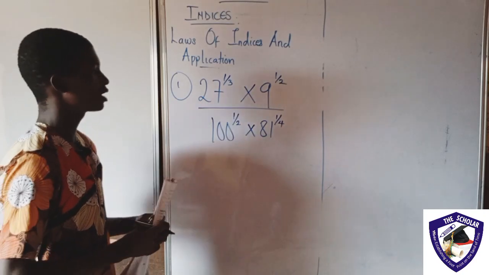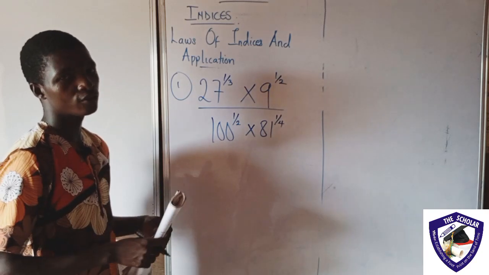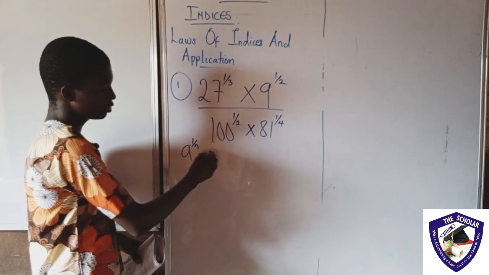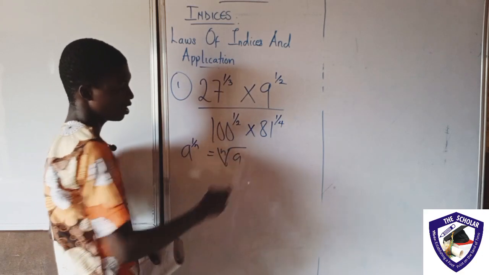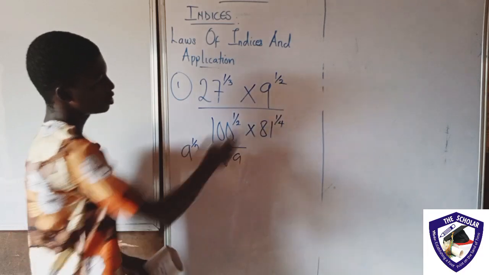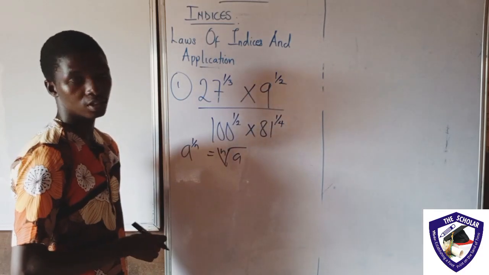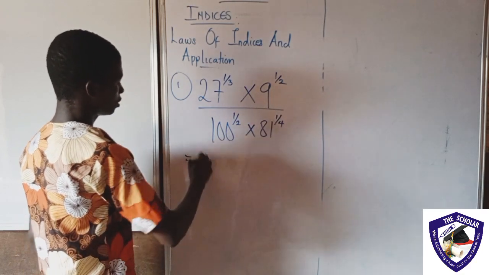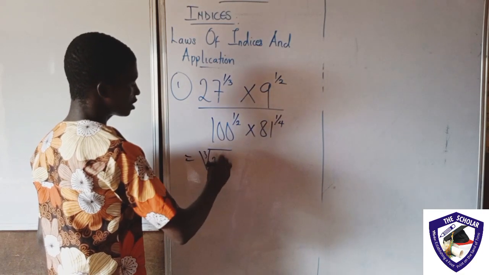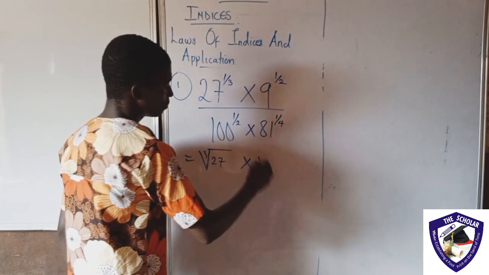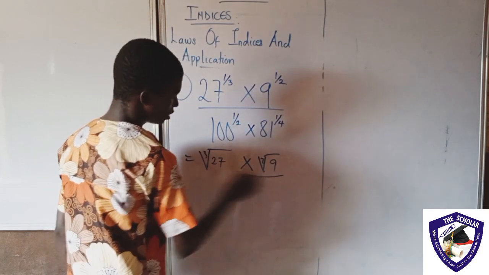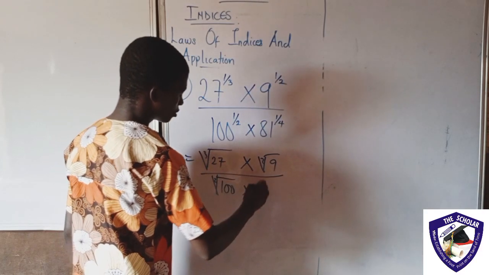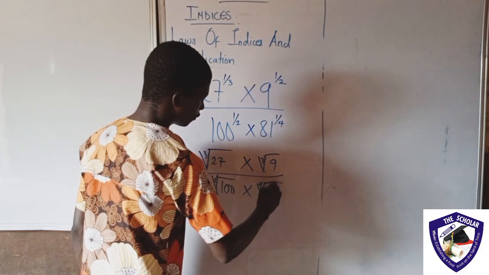It is a particular law of indices, which is a raised to power 1 over n, and we apply it to all these terms. So it is simply telling us that we have the cube root of 27 multiplied by the square root of 9, divided by the square root of 100 times the fourth root of 81.